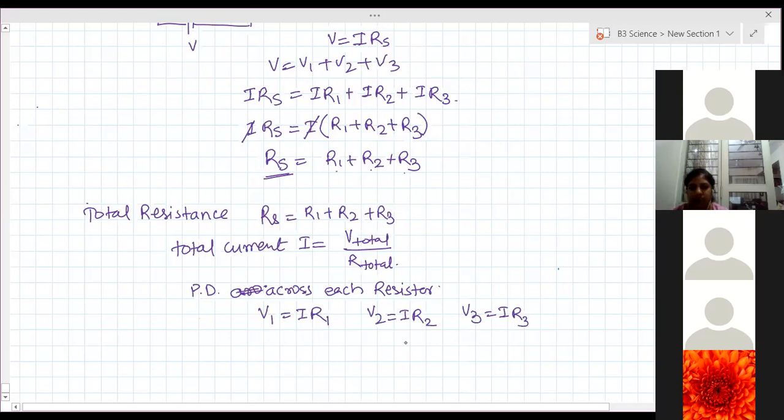Clear? Is it clear, everyone? So these three formulas you need to know to solve the numericals.